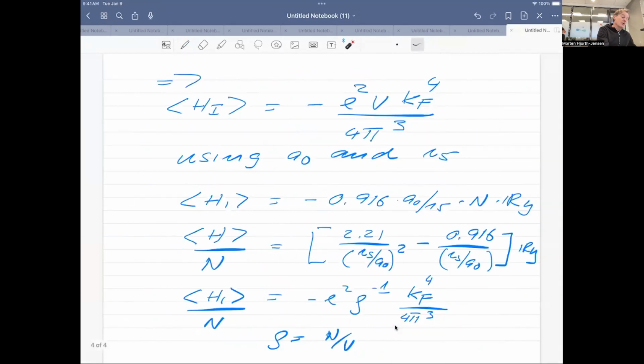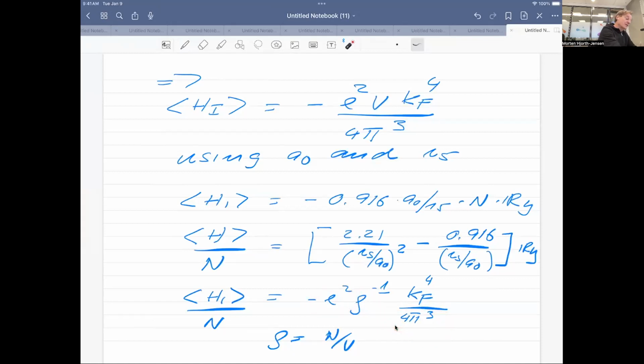And in this expression here, I have kF to the power of 4, which should actually be density to the power of 4/3 times some constants. And then I have density to the power of minus 1. So I will get density to the power of 1 multiplied with density to the power of 4/3 times some constants. So I'm just going to collect all these quantities here in just a constant.